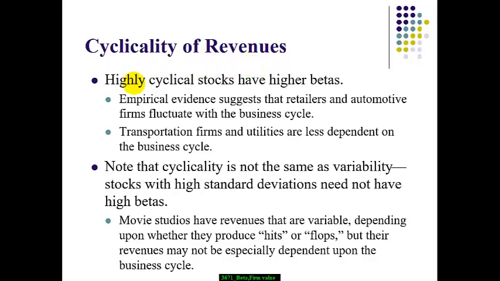So some businesses have revenue related to the business cycle, while in other sectors revenue is pretty stable, because people have to purchase and use their product or service anyway. For example, utilities and healthcare.